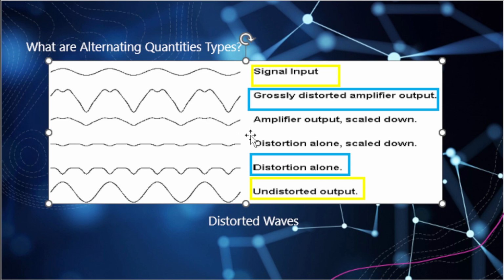And again, as previously stated, if your oscilloscope is not set correctly, you would be hard pressed to determine if that signal is distorted or if you're looking at your input signal or just distortion alone. So just a couple things to keep in mind. The question now is, how do we know if the signal that we have is good or bad?